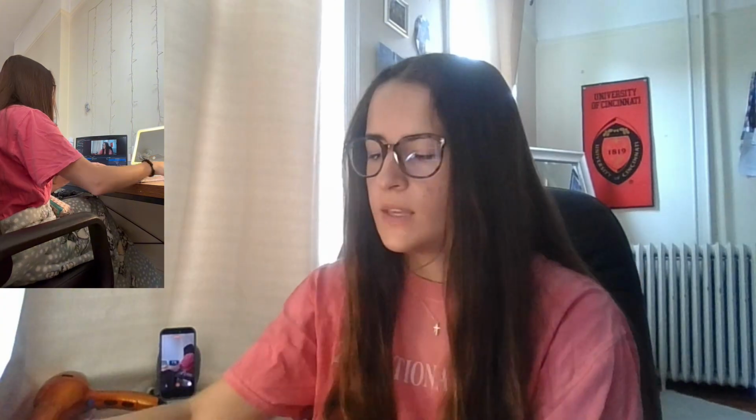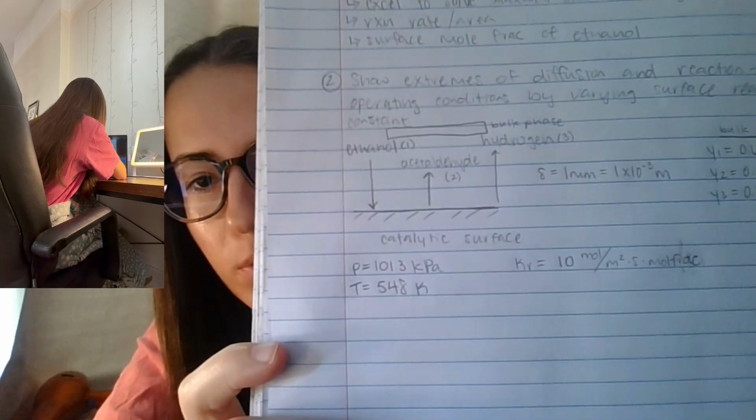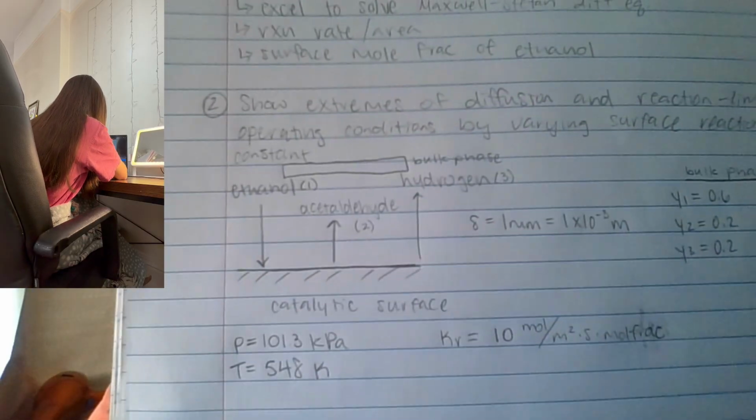Let me double check that those units are correct. Yes, okay. So our first order reaction constant is 10 moles per meter squared per second per mole fraction, which I've just written as mole frac.